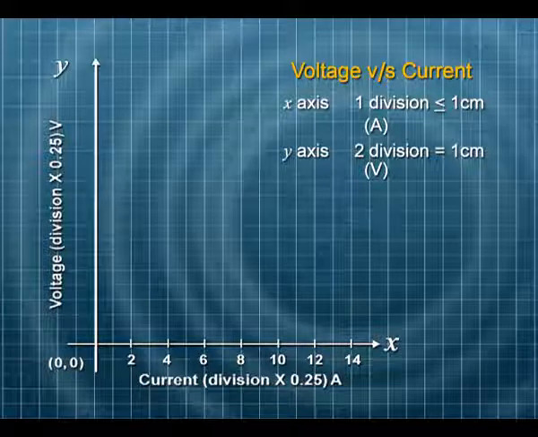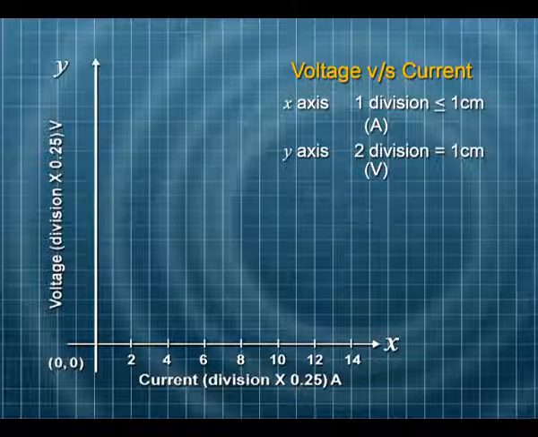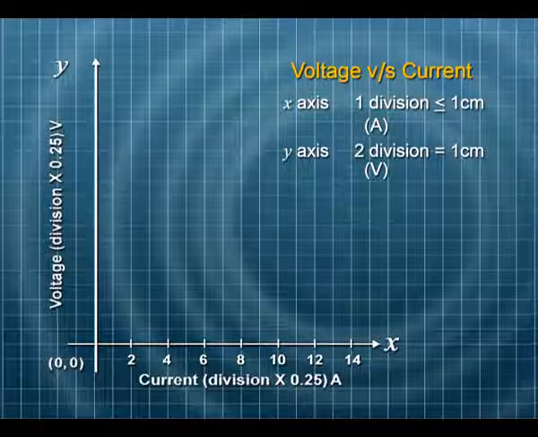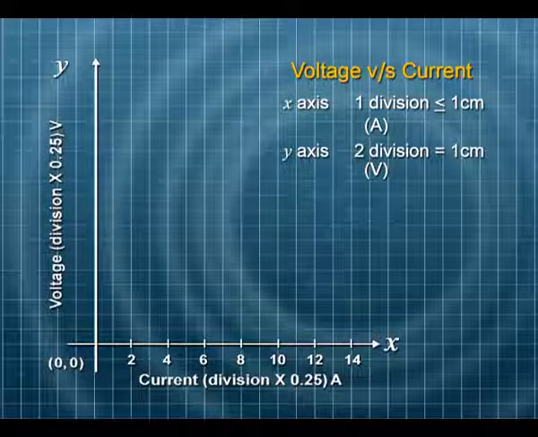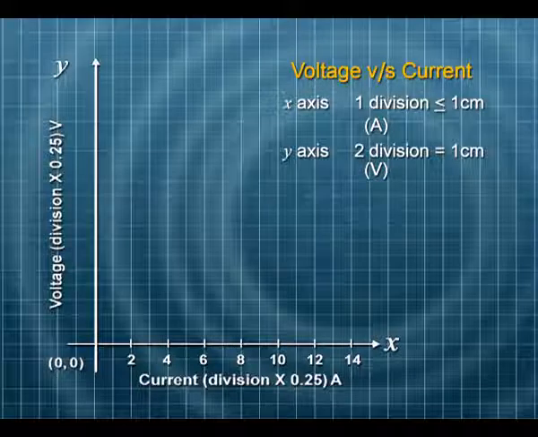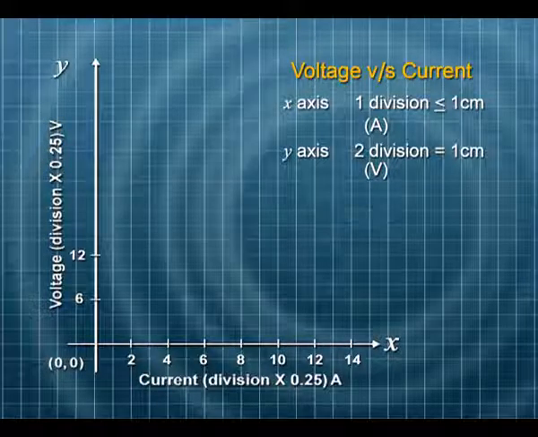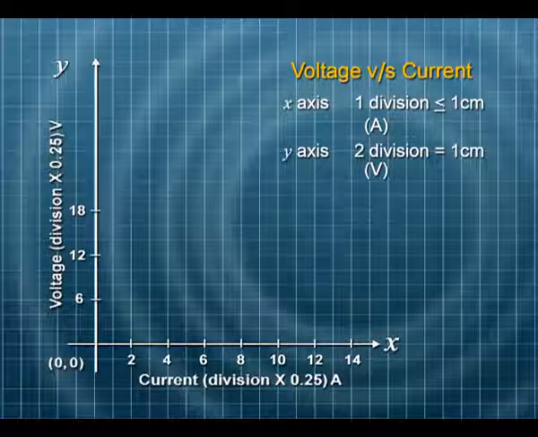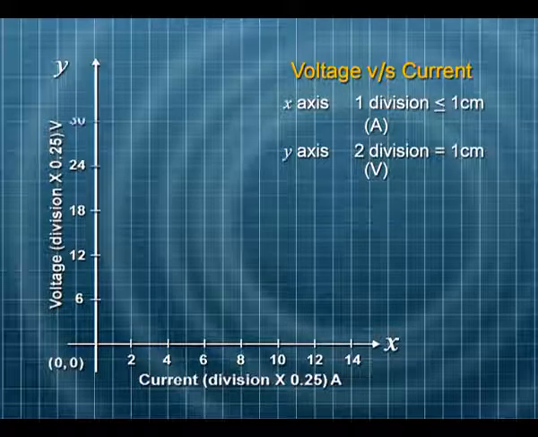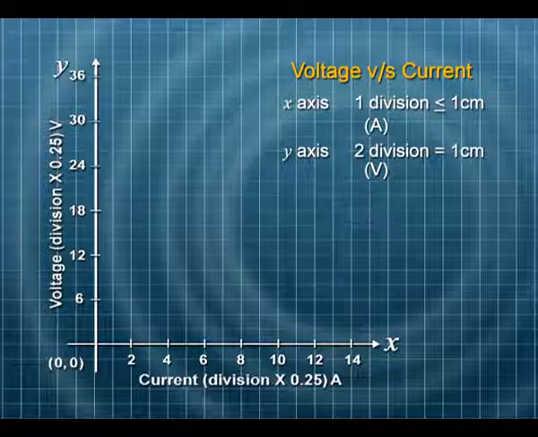Now, on the y axis we have 2 divisions equal to 1 centimeter. Therefore, we can put for 3 centimeters 6, for the next 3 centimeters 12, for the next 3 18, for the next 3 24, and further.